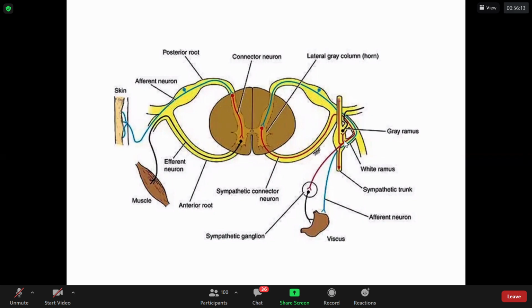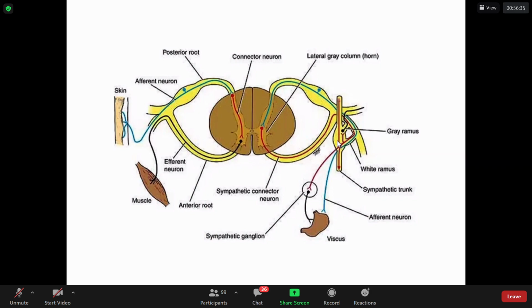The simplest fate is that it will end up in the same ganglion, and from there the postganglionic fiber will start. It will pass through the ramus communicans to reach the spinal nerve again, and it will be distributed. That was the simplest fate. But it may be that it will not terminate here.